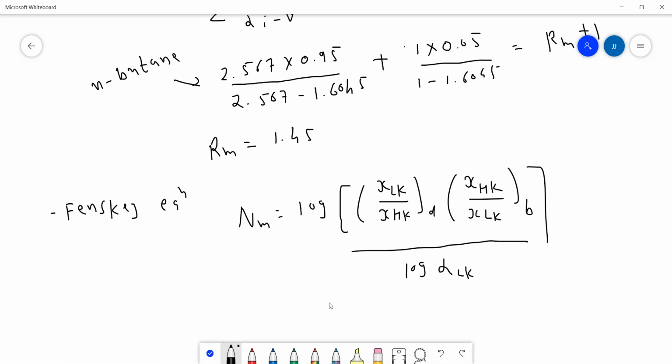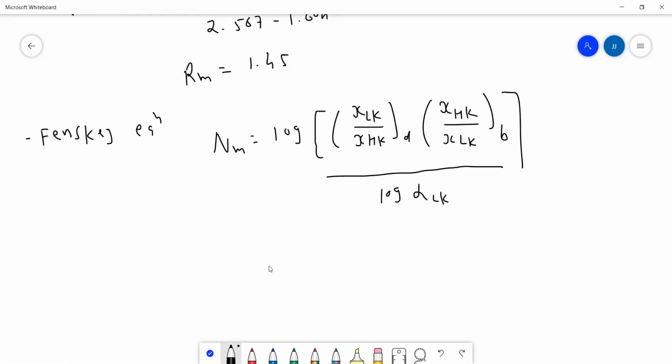So LK is the light key component, HK the heavy key component, here n-butane and isopentane, with mole fractions in distillate and in bottom product, and alpha LK is the relative volatility of the light key component.